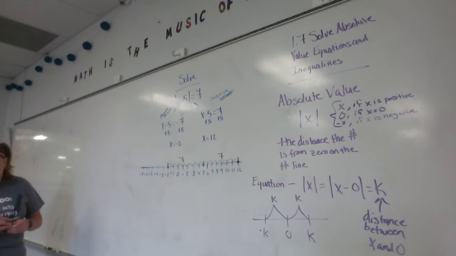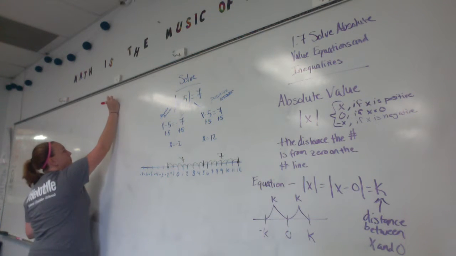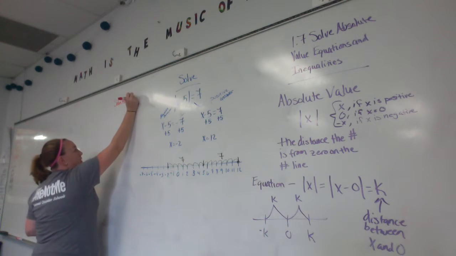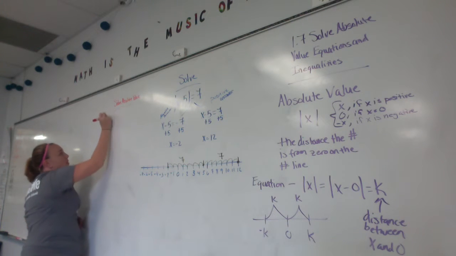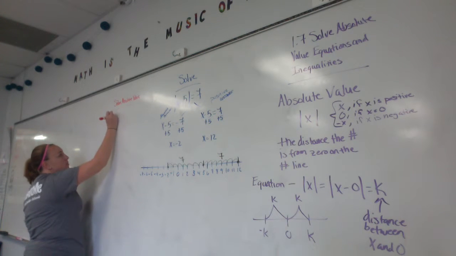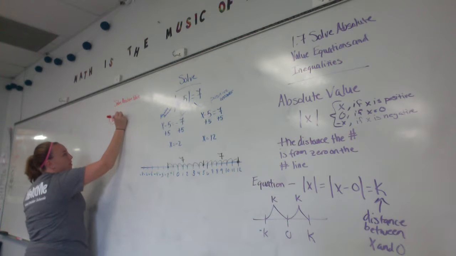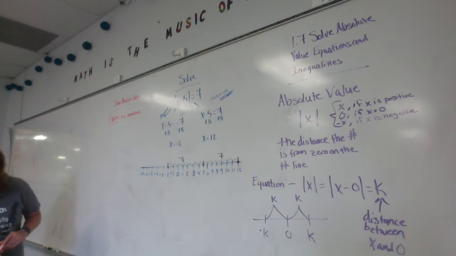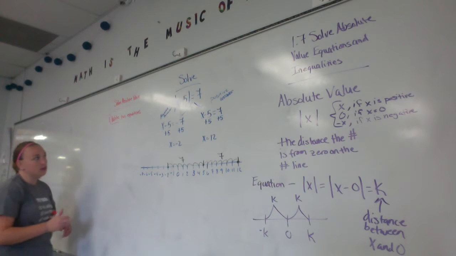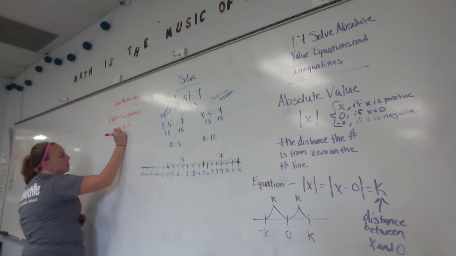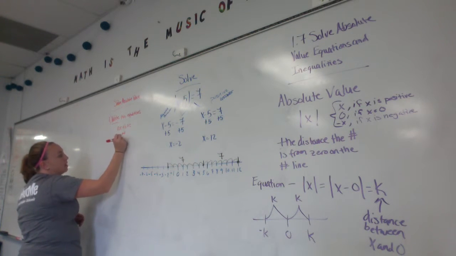Solving an absolute value equation, they give us a 3-step process. Step 1 says, write 2 equations, like we did. They give you an example, ax plus b equals c, and ax plus b equals -c.